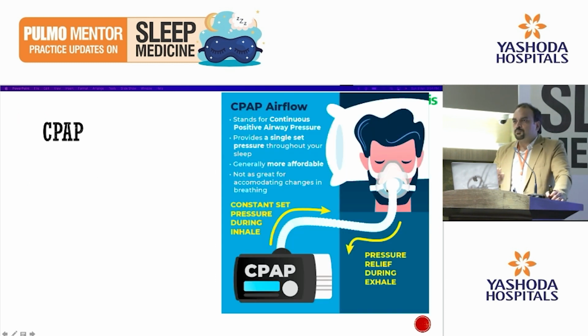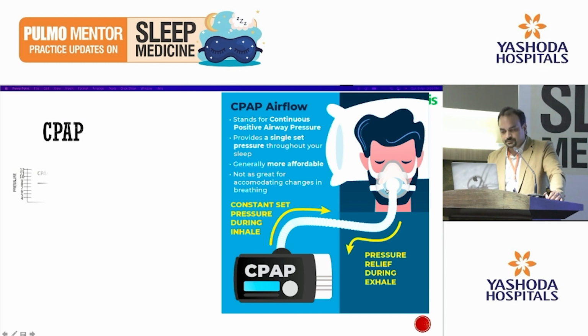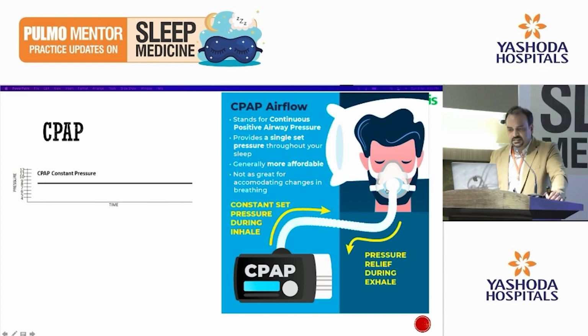So CPAP is the most basic device that we are talking about. It is continuous positive airway pressure to make a pneumatic splint in the upper airway, and it provides only a single set of pressure, and for most of the patients, it is acceptable. If you are talking about moderate to severe sleep apnea patients, it provides a constant set of pressure during sleep.